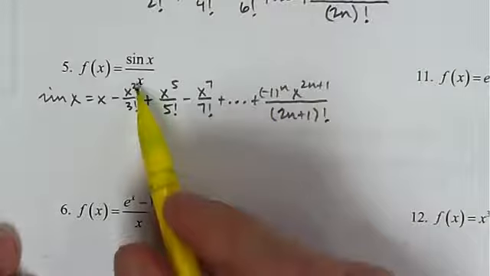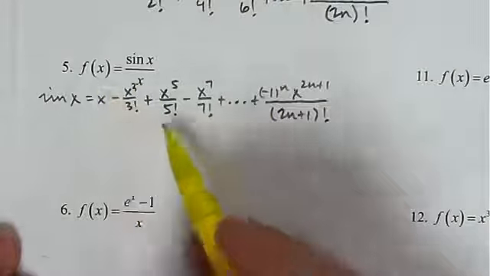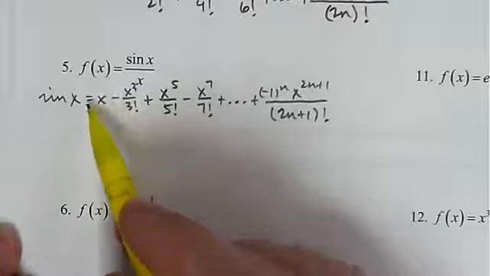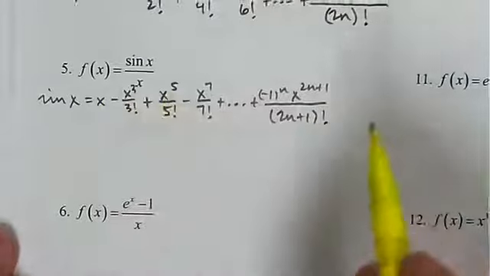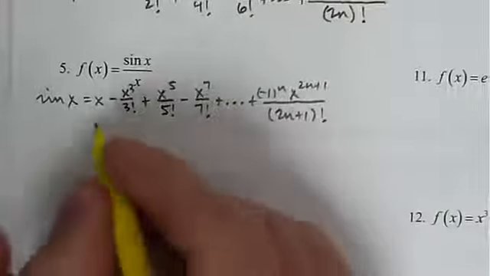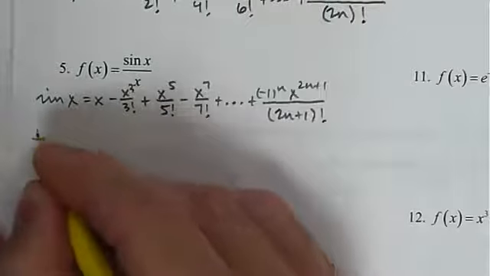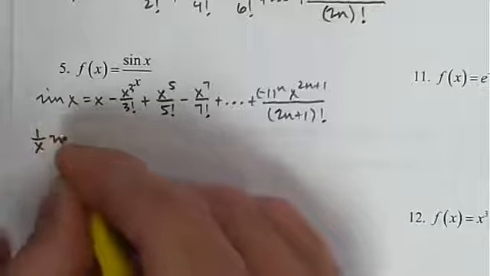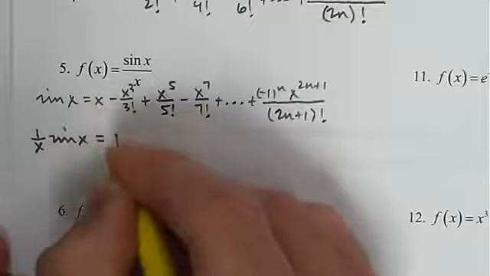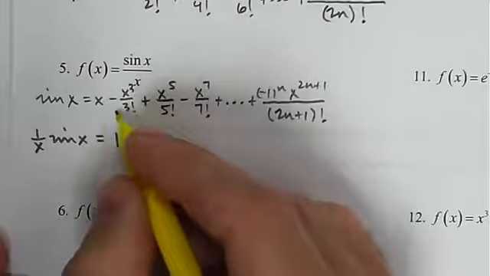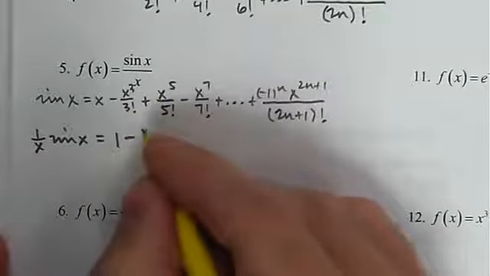I'm going to divide each term by x, because really I'm taking this whole thing and multiplying by 1 over x, which would distribute into each of the terms of the polynomial. So 1 over x times sine x is going to be 1, and then each time I'm going to have an x in the denominator, which will reduce the power by 1.